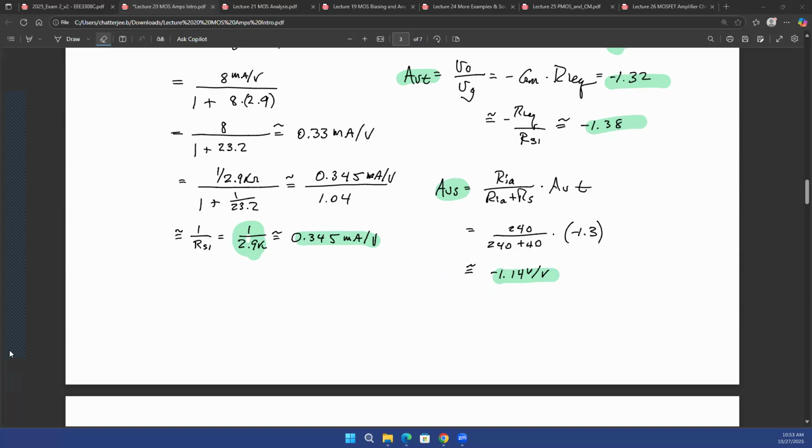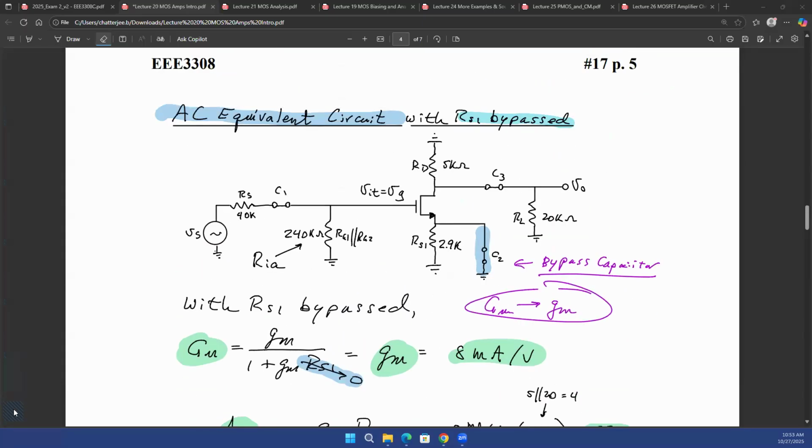If the source had not been degenerated, which is basically what we are showing here, that if you consider a bypass capacitor, and again, this is something you have in your exam question, you have a bypass capacitor. And bypass capacitor means that there will be a short at the frequency of interest in parallel to this RS1.